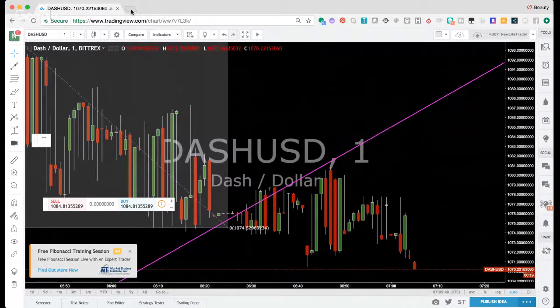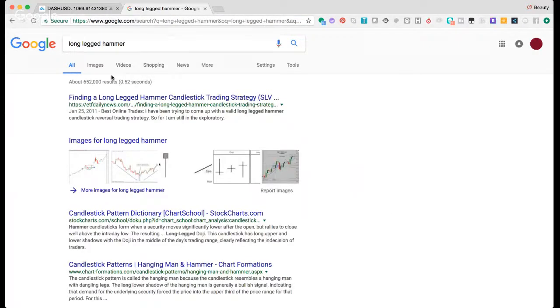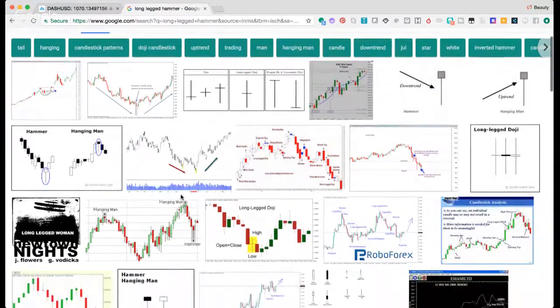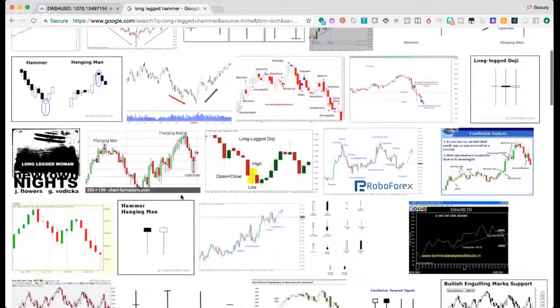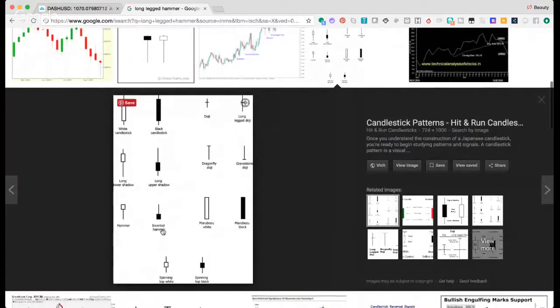1 minute, of course. So what we do is we search long-legged hammer and see what happens. We got some images here, and we're looking for one where the body is down below, so it's definitely the end of a trend. I could say that much. Here we go, it is an inverted hammer.